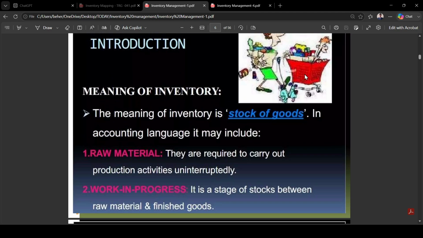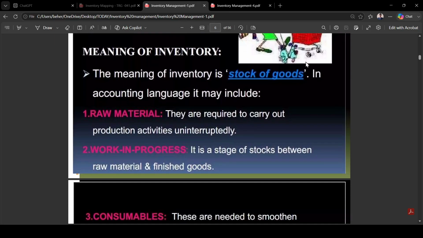Introduction. The meaning of inventory is stock of goods. It may include, first, raw materials, which are required to carry out production activities uninterruptedly. Second is work in progress, the stock between raw materials and finished goods.